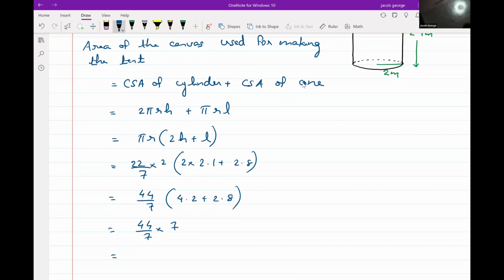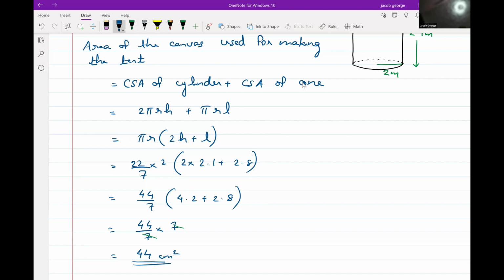So Alina, what is the result of this? What is the area? 44 by 7 into 7 is how much, Alina? Alina, I think could not hear. Emmanuel, what is 44 by 7 into 7? 44. We can cut this 7 and we get the area as 44 centimeters square.